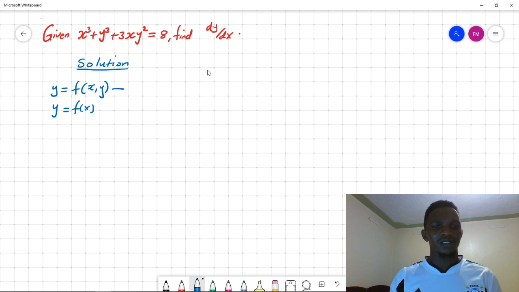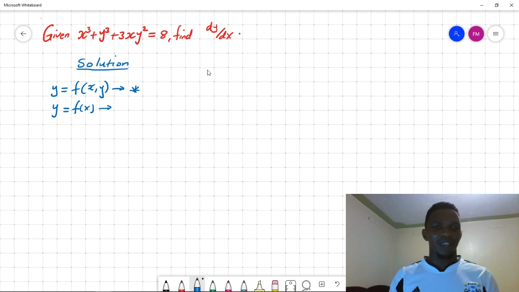This we call an implicit function, and of course the other is an explicit function. So in this case we are dealing with an implicit function, and so what we have to do is differentiate this function implicitly. Okay, so how do we go about that?